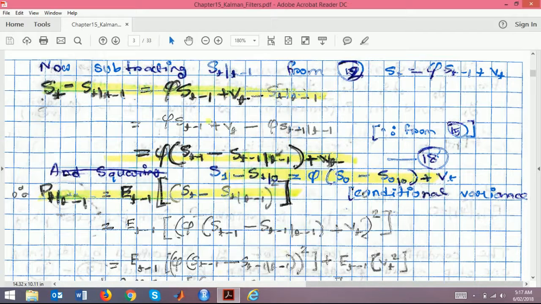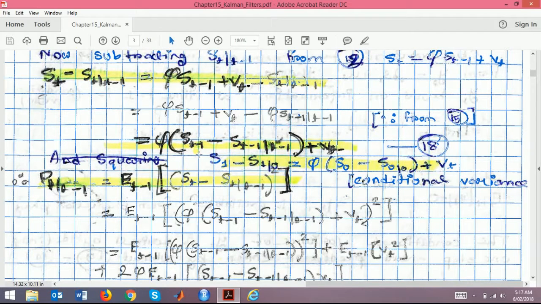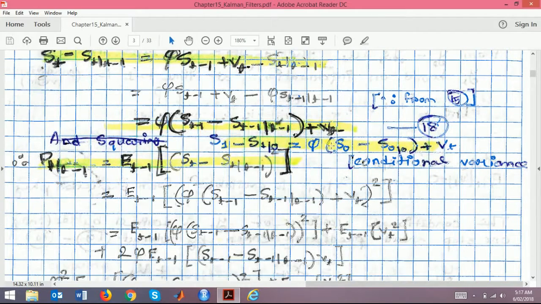So replacing them, s1 minus s1|0 equals phi (s0 minus s0|0) plus the residual. It is easier to remember in this manner with 1 and zeros, right? This is the state equation, and we are just subtracting s1 conditional at 0.